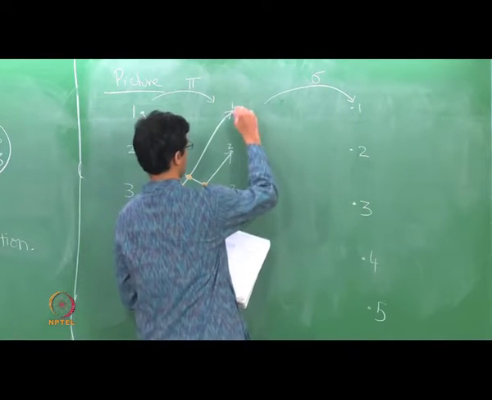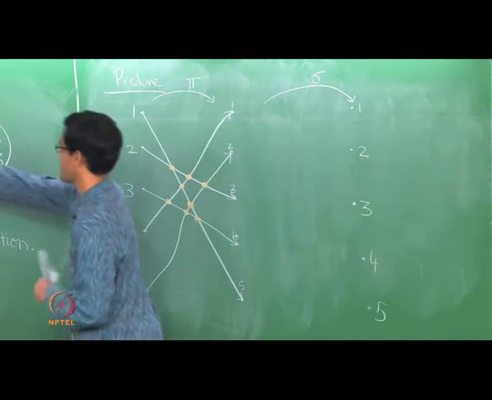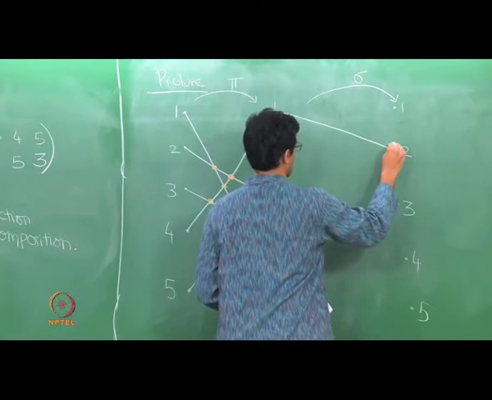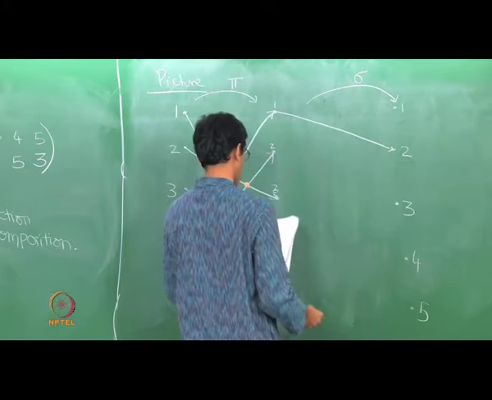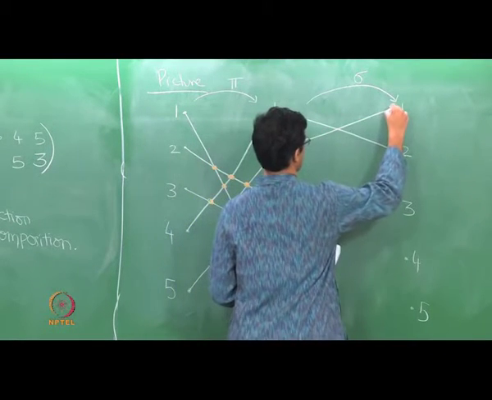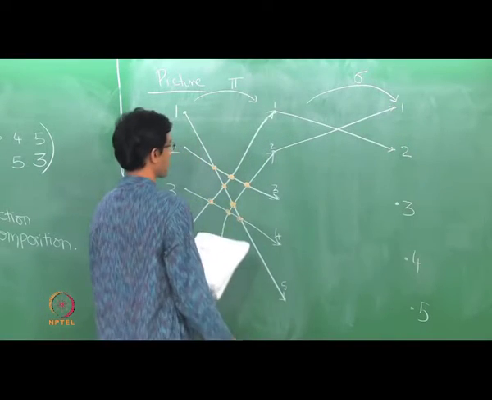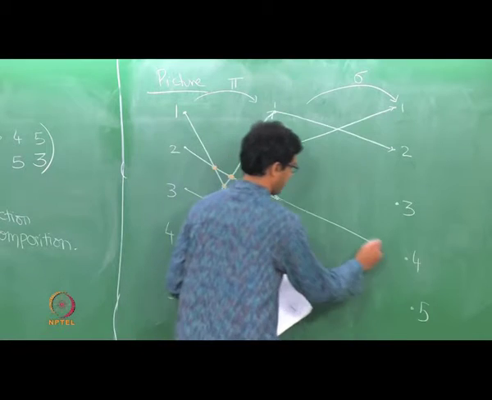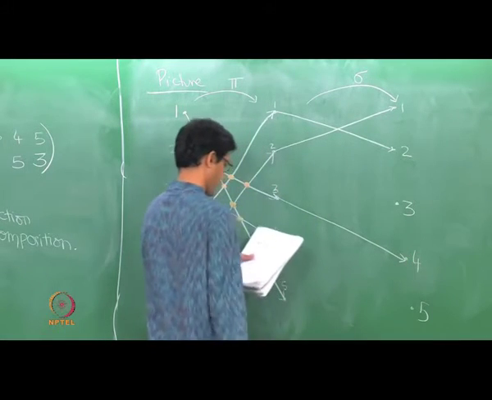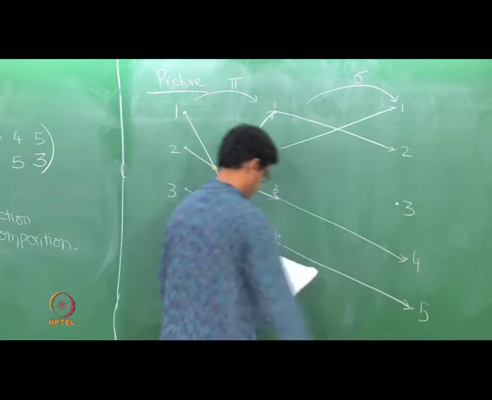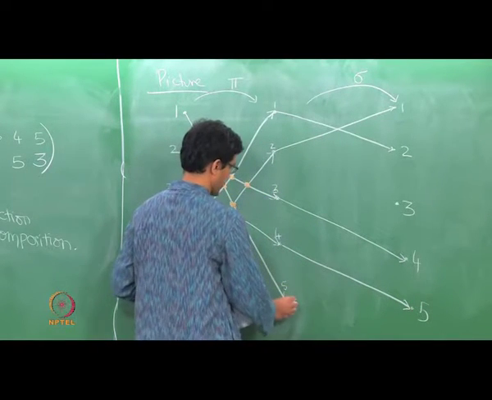Well, it maps it to the number 2, right? That is according to this. So 1 maps to 2. What does sigma do to the number 2? Well, it maps it to the number 1. So I draw this diagram. 3 maps to 4. 4 maps to 5. And 5 maps to 3.